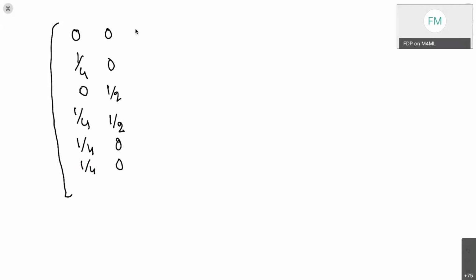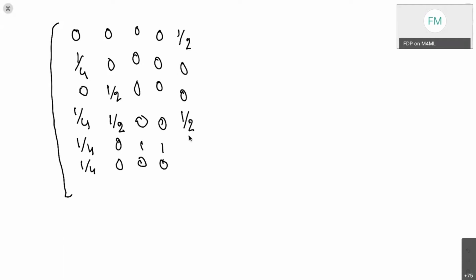Then 0, 0, 0, 0, 1, 0. Similarly, 0, 0, 0, 0, 1, 0. Then 1 by 2, the possibilities, right? 1 by 2, 0, 0, 0, 0, 0, 0, 1, 0. This is our, sorry, probability matrix.